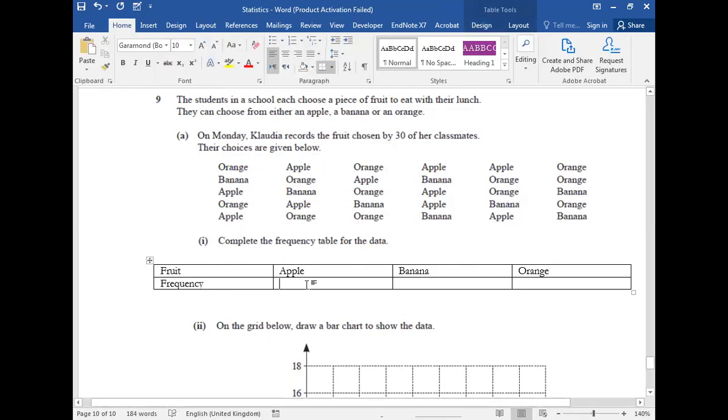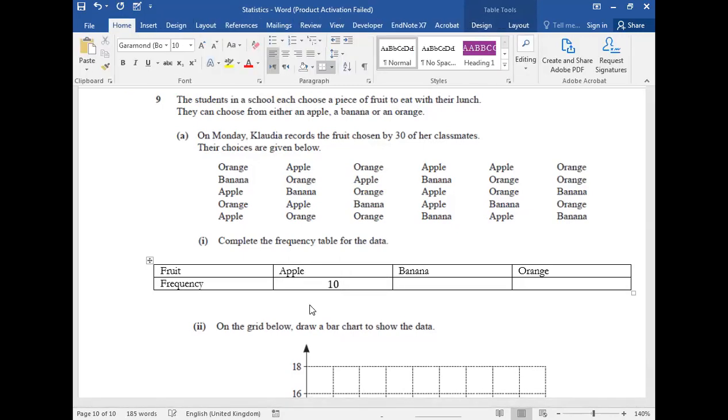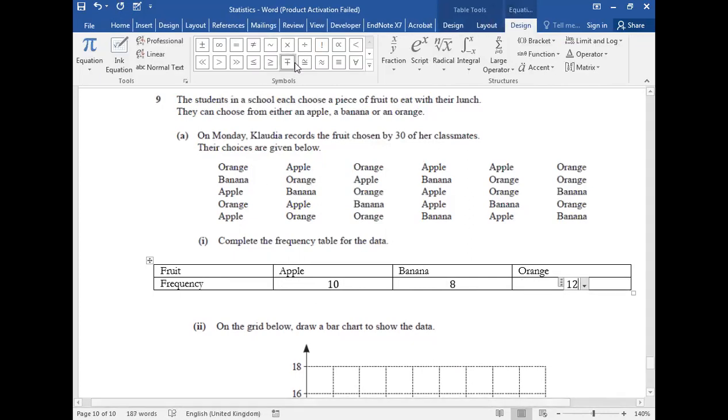So what is the frequency for apple? Again, do not just haphazardly count. Either count by rows or by columns. When you're counting such data, count by rows or by columns. So how many apples do you have? 10. Bananas? 8. Orange? Let's count. Do you have the data for all 30 people?